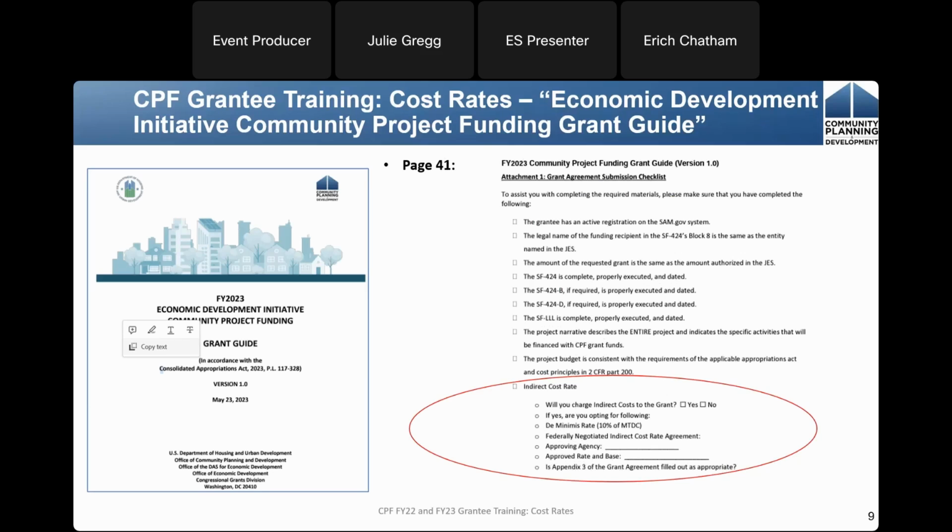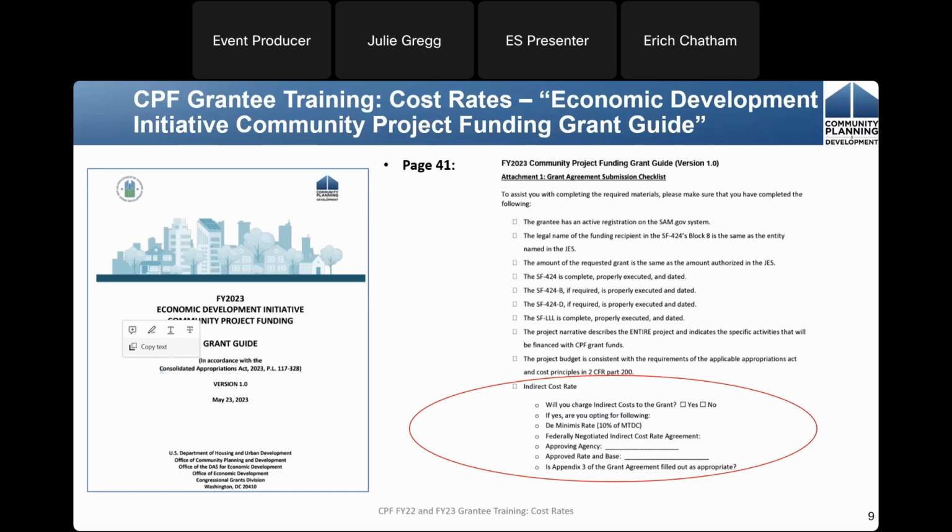In the appendix on page 41 of the grant guide, still focusing on the fiscal 23 grantees, you'll see attachment 1 with your grant agreement submission checklist, and highlighted here in the red circle is the indirect cost rate questionnaire. We'll review this before the close of our presentation, but you must elect to either charge an indirect cost rate or not.